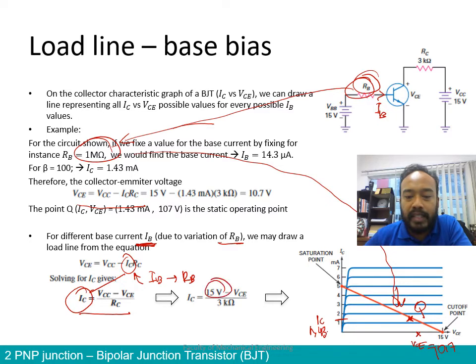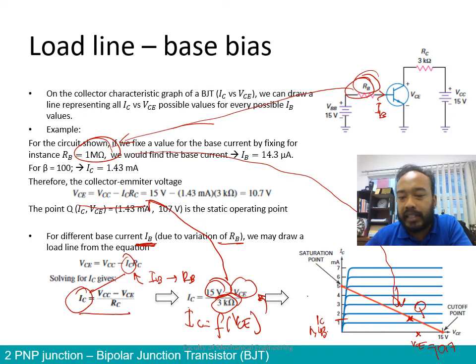So our VCC is 15 volt. Our VCE, well, VCE will be depending on this equation over here, divided by 3 kilo ohm. So in function of VCE, we can write the equation of IC. And the equation is this equation over here. So this equation basically is the equation of this line over here, what we call as load line.